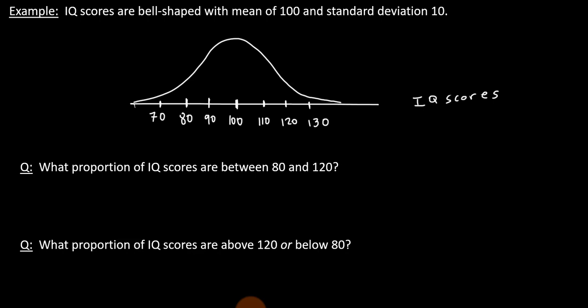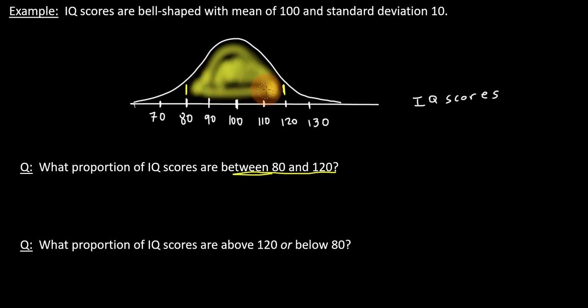First one, what proportion of IQ scores are between 80 and 120? To address that, I'm going to look at 80 here and 120. Okay. This says between. So I'm going to even shade this in-between region, just so I have a visualization of what I'm working with here. Sweet.